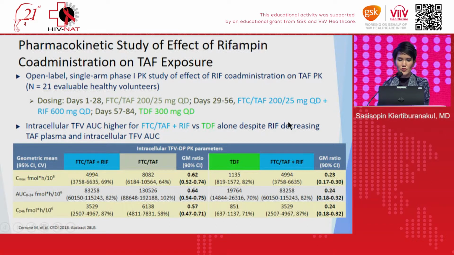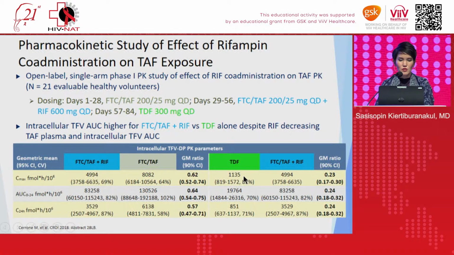For TAF, as you have heard, we need more data. This is the data in healthy volunteers. When you use TAF with rifampicin, you can see that the level is decreased by half when compared to TAF alone. But even with TAF plus rifampicin, the level is decreased, but it's still higher than TDF alone.